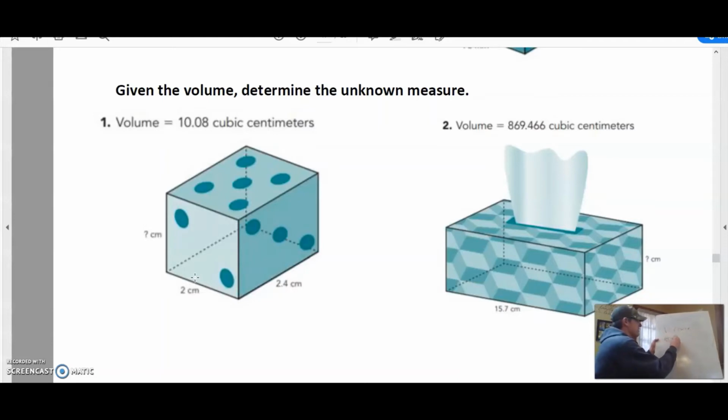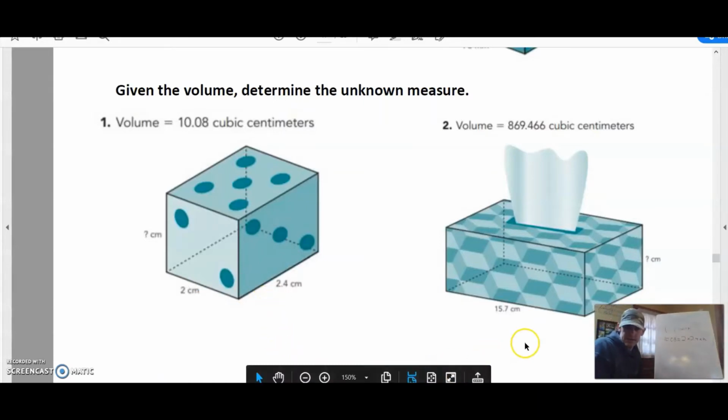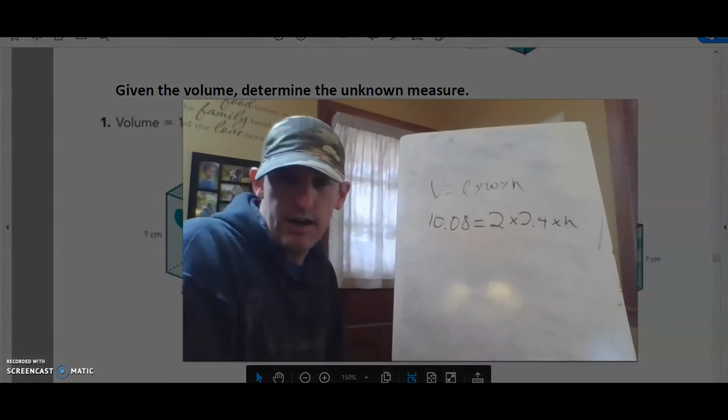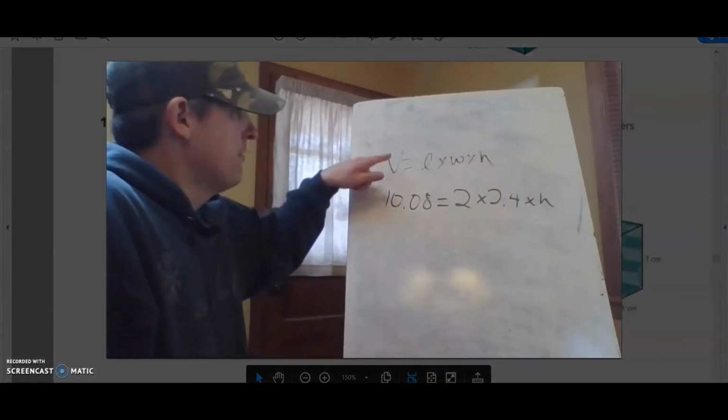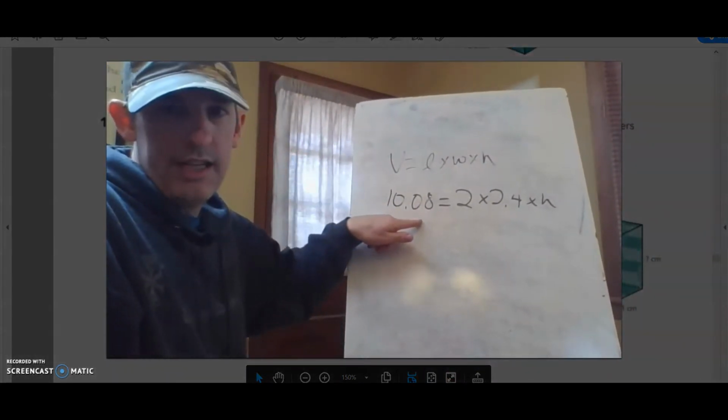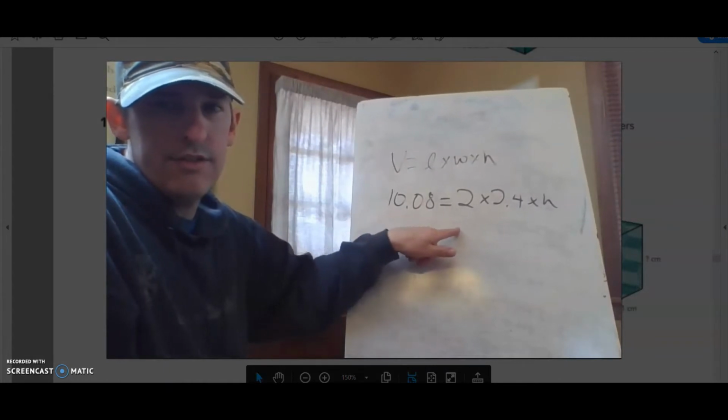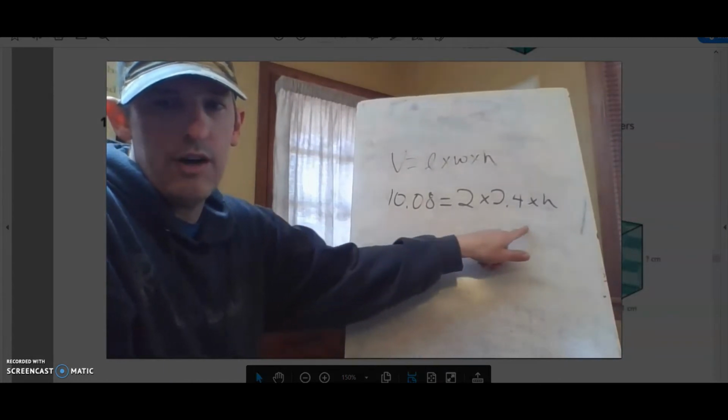So we're going to put the volume as 10.08 cubic centimeters. The length is 2 centimeters. The width is 2.4 centimeters, but we don't know what the height is. We're going to leave it as a variable. Okay, there you can see it. The volume equals the length times the width times unknown.